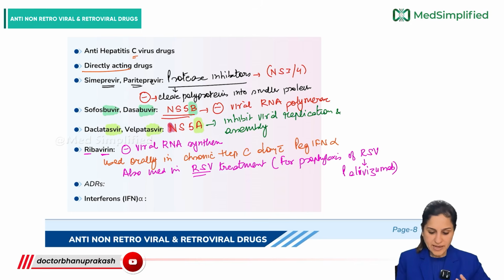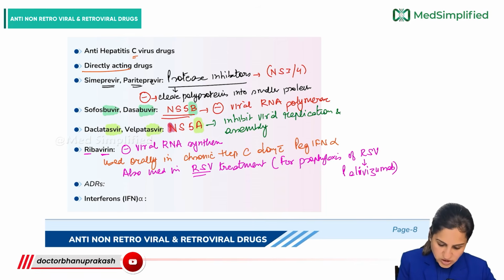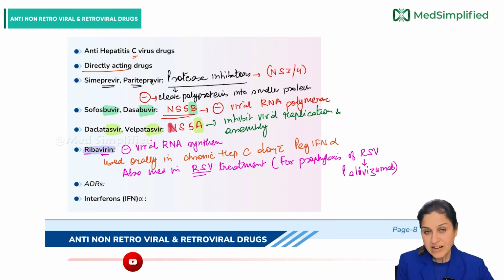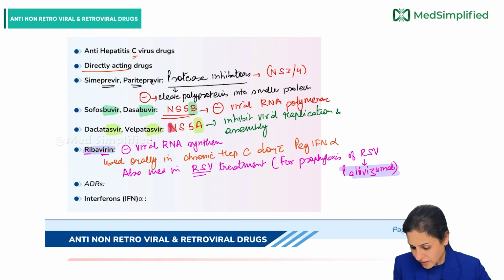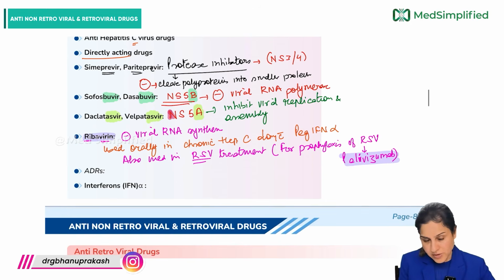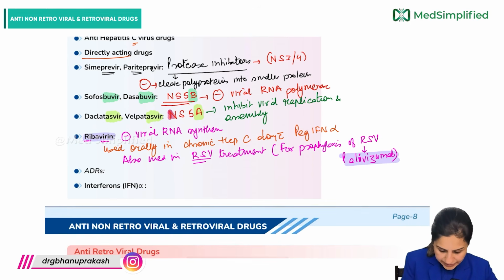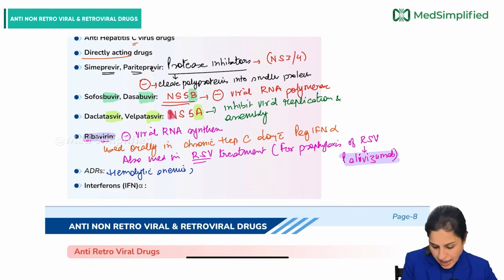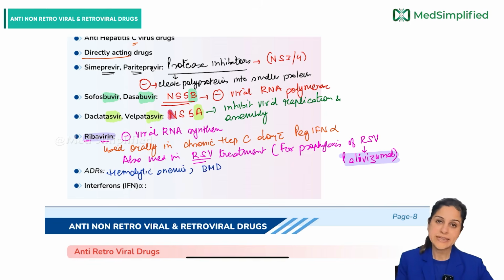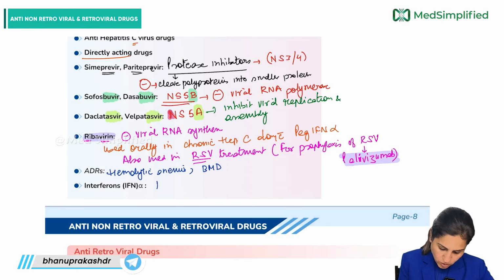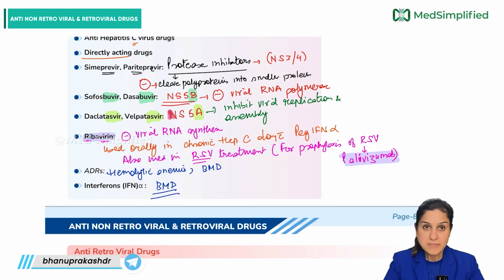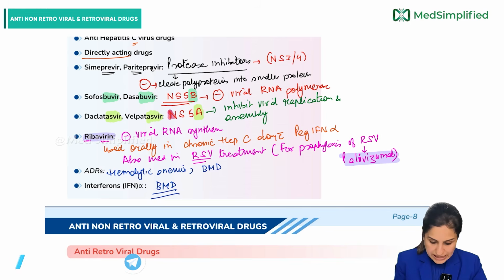Remember these important drugs which are asked. So for RSV treatment, we are using ribavirin, while for prophylaxis, we use palivizumab. ADRs of ribavirin, it can cause hemolytic anemia and bone marrow depression. Even interferons can cause bone marrow depression. So these are the important points about drugs acting against hepatitis C virus.